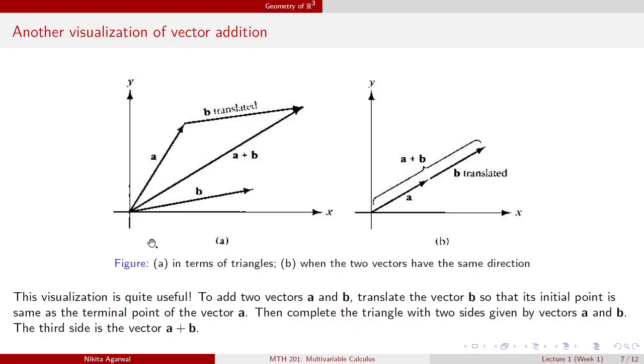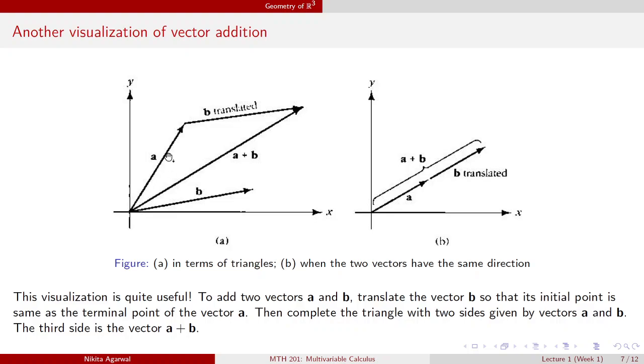What we will do is translate this vector b so that its starting point is the same as the ending point of a. Earlier a vector was described as something that begins at the origin. Now we are translating b to here, where the starting point of b is nothing but the ending point of a.